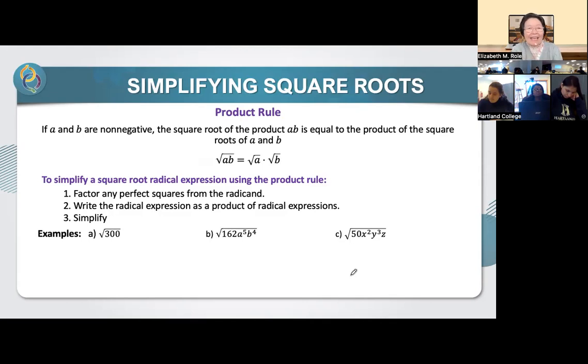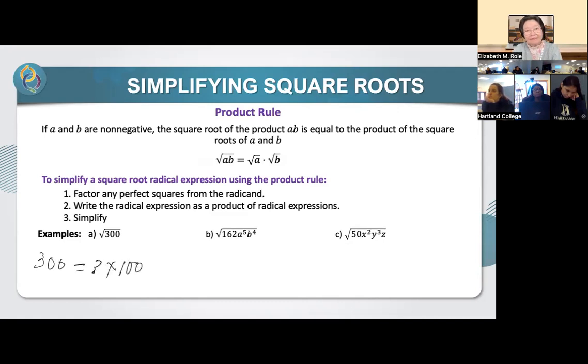So let's use the product rule and the thinking of the different perfect squares. If I have the square root of 300, 300 is not a perfect square. But 300 would be the product of two multiples such that one of them is a perfect square. That would be 3 times 100.